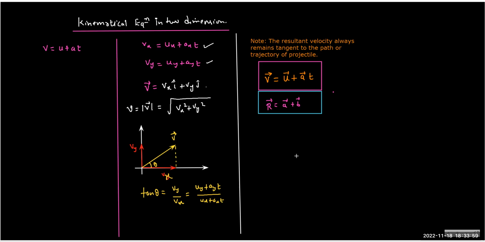So V equals U plus AT is saying that you start with something called U, and AT is called the addition. Because it is a vector, the addition will take place in the direction of acceleration. Yes or no? Tell me guys. So let's say you throw a ball this way, and there is a gust of wind coming from this direction.